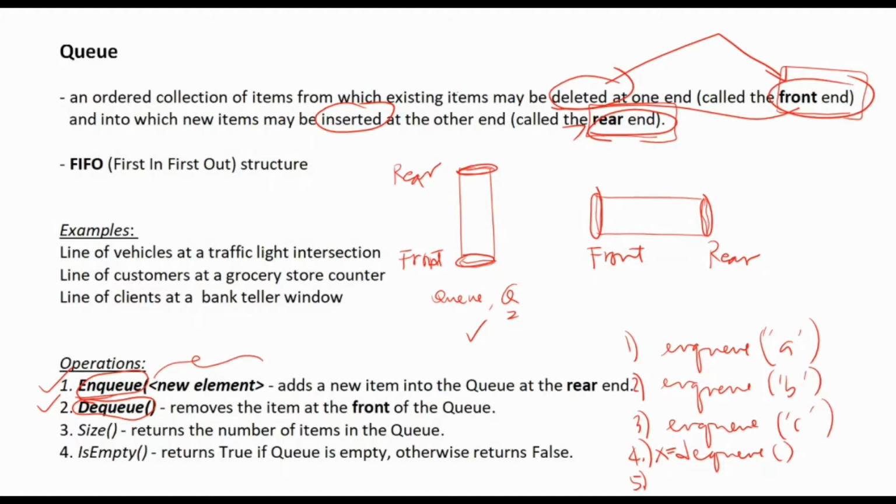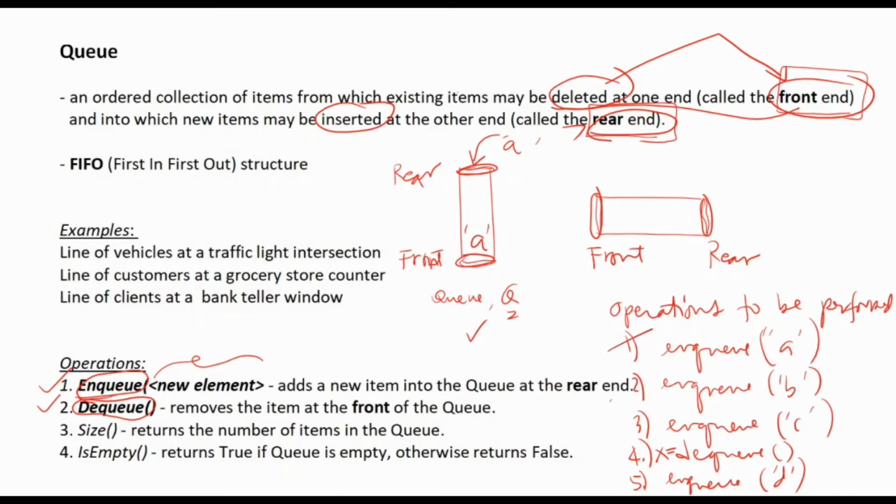And the next, say we NQ D. Say these are the 5 operations to be performed. So NQ A, we are going to insert at the rear end. So insert at the rear end A, and so it goes here.